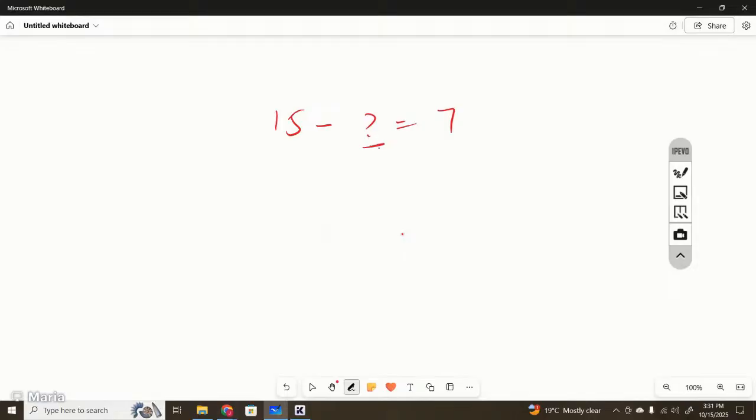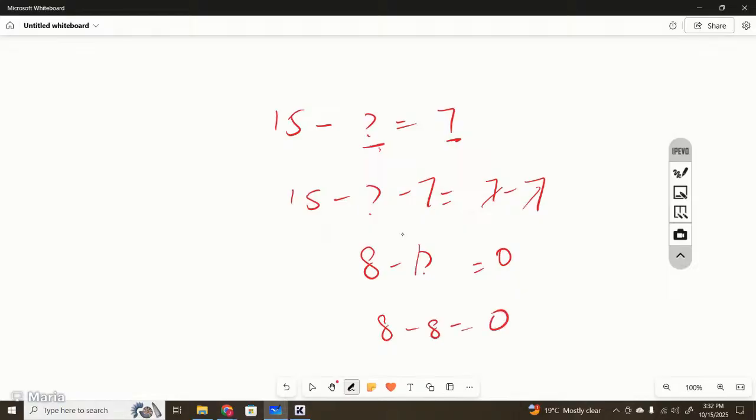You always subtract a smaller number out of the greater one, so when the smaller number is missing, you need to subtract the number on the other side from both sides. So you need to subtract 7 both sides, right? So 7 minus 7 is 0 and 15 minus 7 is 8. 8 minus the missing number, 8 minus 8 is 0. That means the missing number is 8, because you always subtract a number from itself to make 0. Got it?